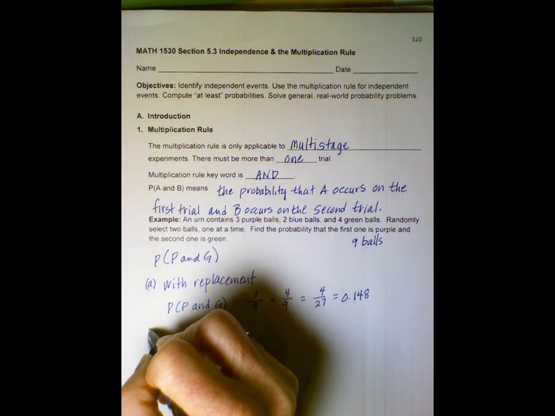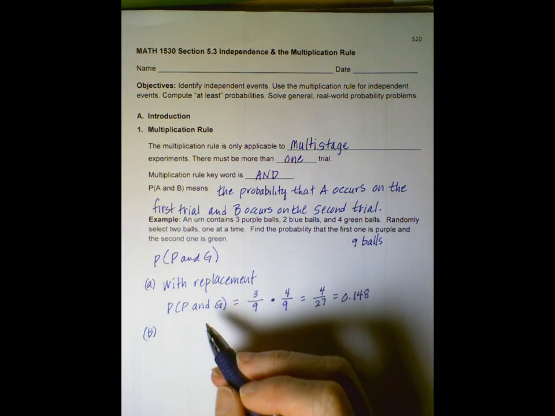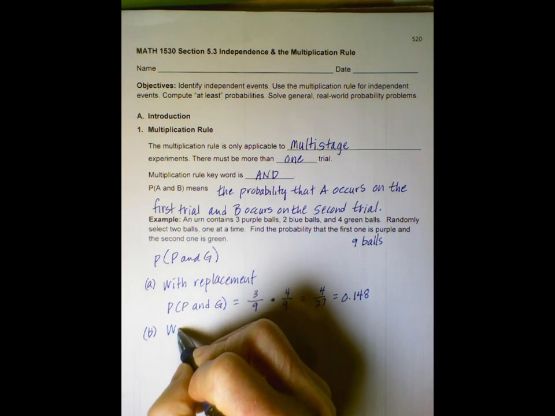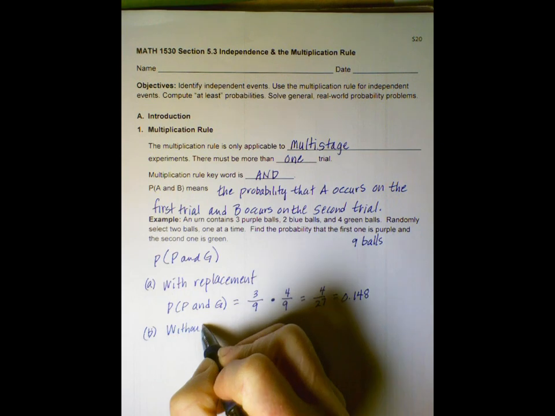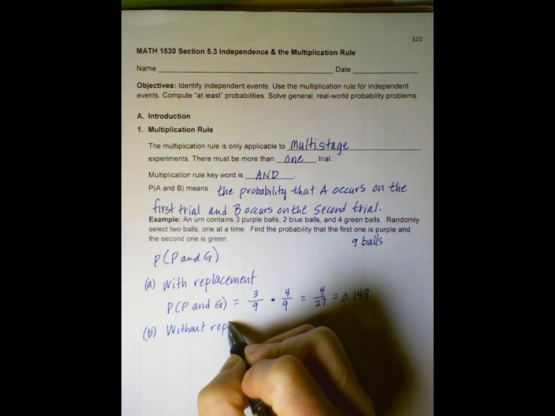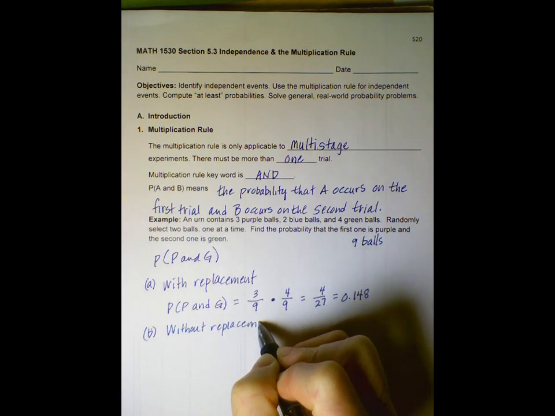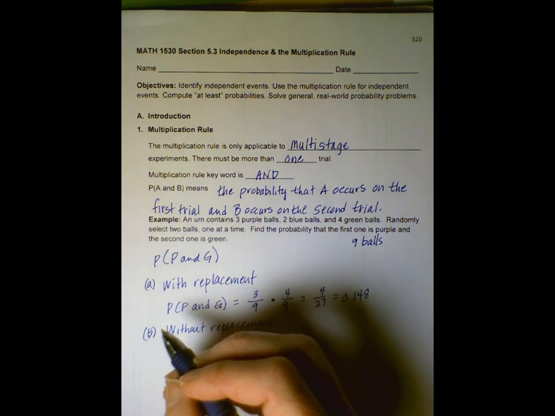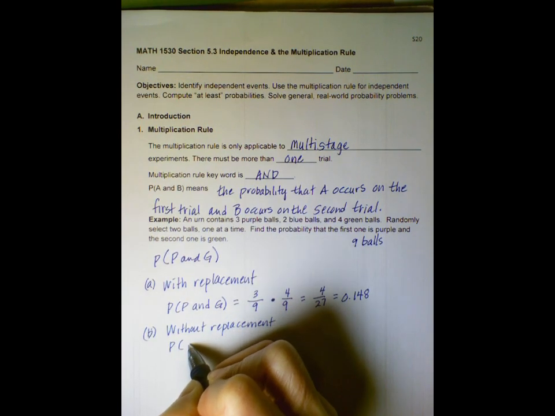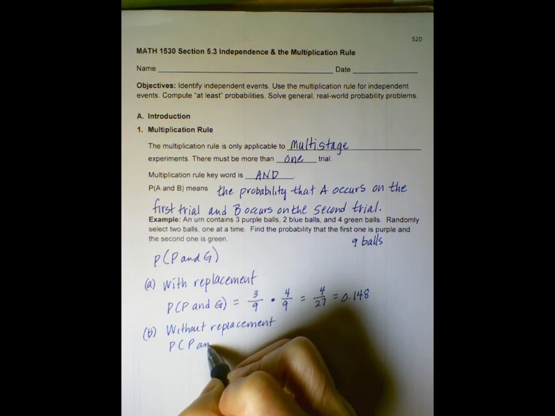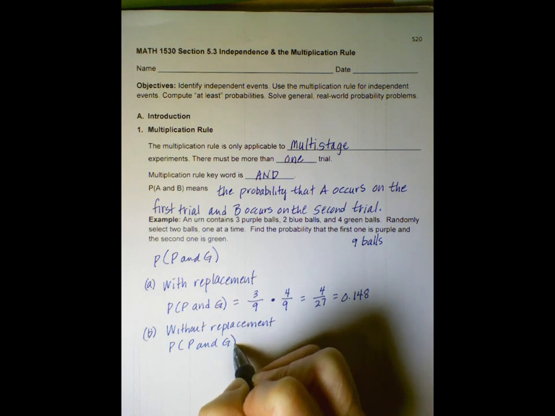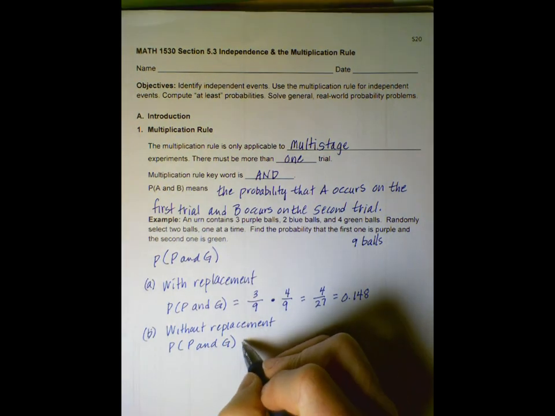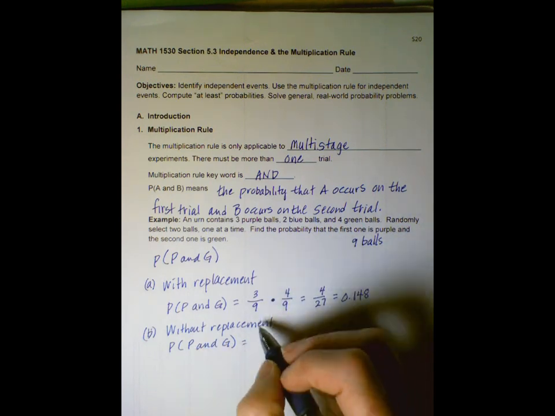Let's see what would change if we do this without replacement. What that means is we take one ball out, we record the color, we do not put it back. The probability of purple on the first trial and green on the second trial. So the first purple, that doesn't change, right?